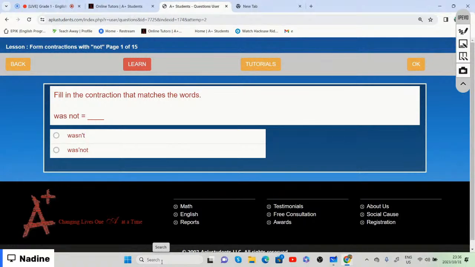So was not. If we look at the word was not, we said was stays the same, and then we add not to it, where we're going to remove the O and just add an apostrophe to it.